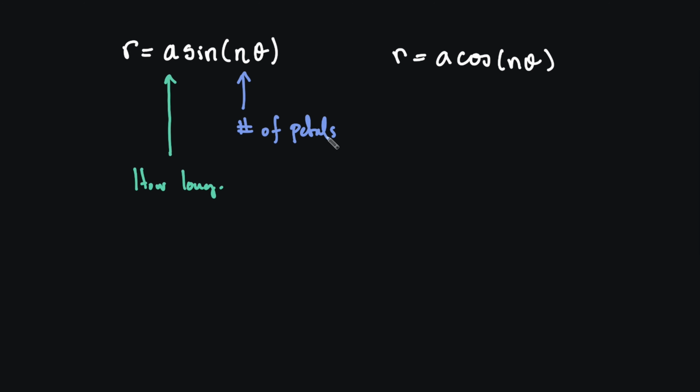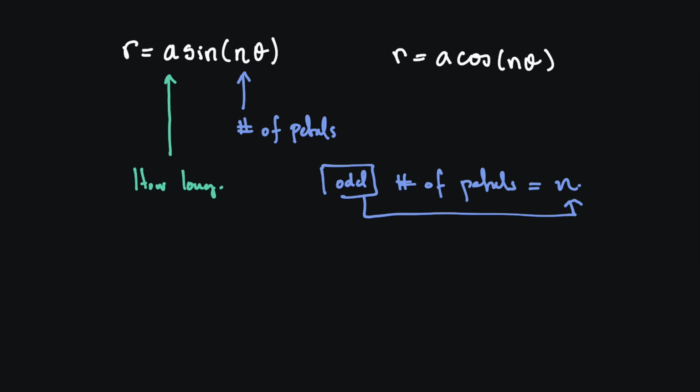If n is odd, then the number of petals is going to be equal to that same n. So if we have 3 theta, since 3 is odd, then we're going to have 3 petals.